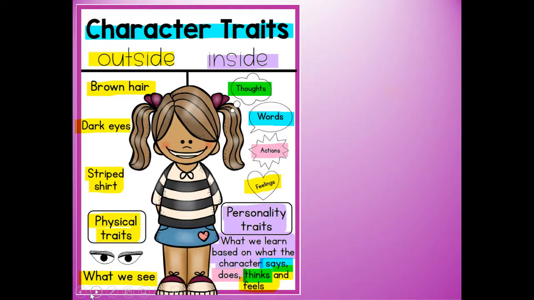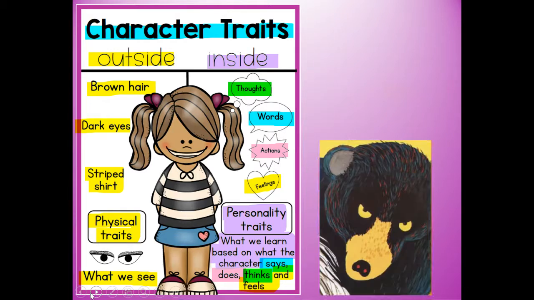So you not only look at the physical traits, the outside, what they look like, but also the inside, their personality, based on what they say, their words, what they do, their actions, what they think, their thoughts, and their feelings.